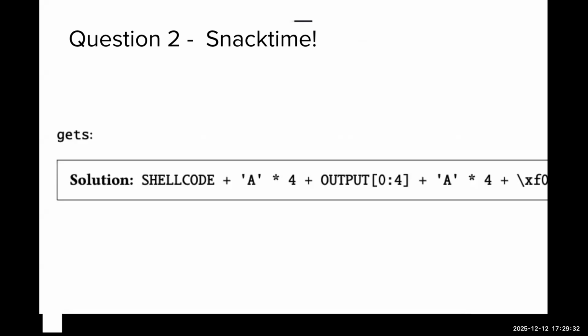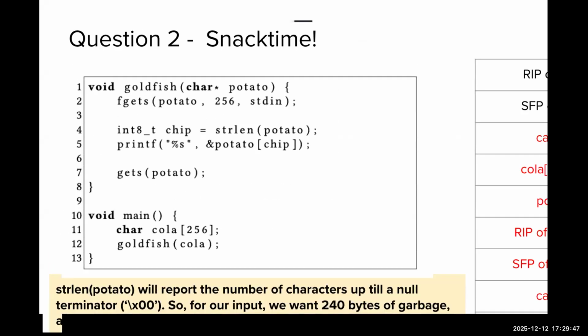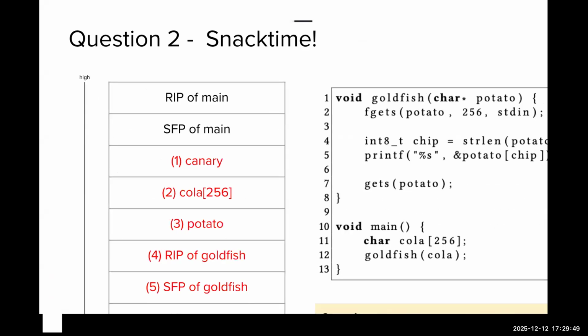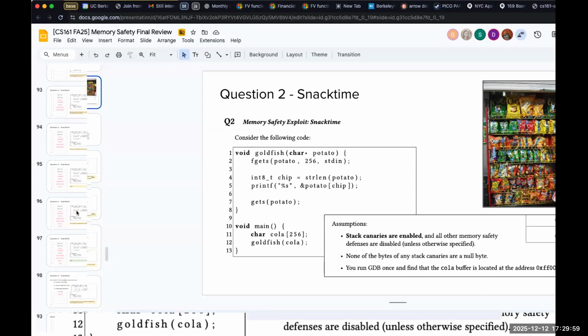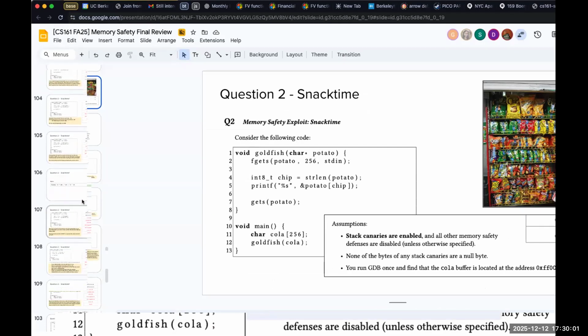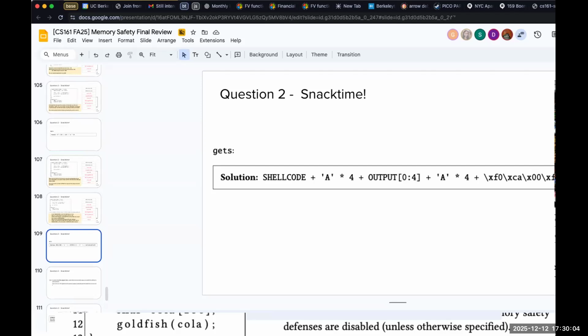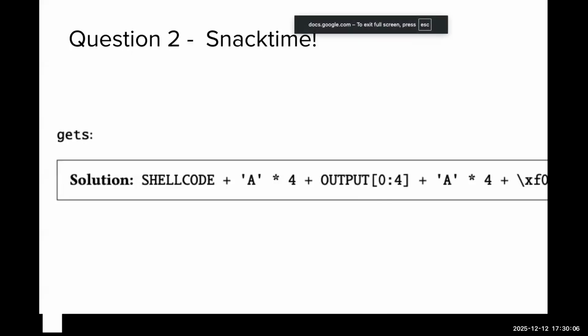So it's the shellcode, the corresponding number of garbage bytes to get up to the canary, then the canary, and then 4 bytes for the SFP, and then the address that we want, which is the start of our buffer, which is given to us in the problem over here. The cola buffer is located at this address. And so that's where we go. Are there any questions about this exploit?